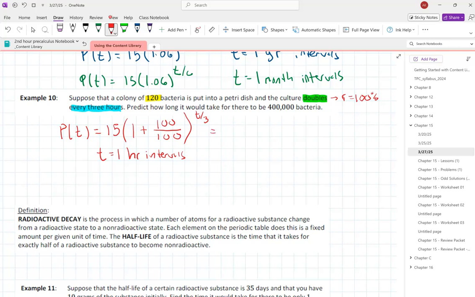So when I simplify this down, which you don't really need to do because this is just going to go into our calculator in a minute, but I'm going to opt for doing that because it makes typing into the calculator a little simpler. That's what's going into my calculator. Now, I need to solve that when P of t is equal to 400,000.